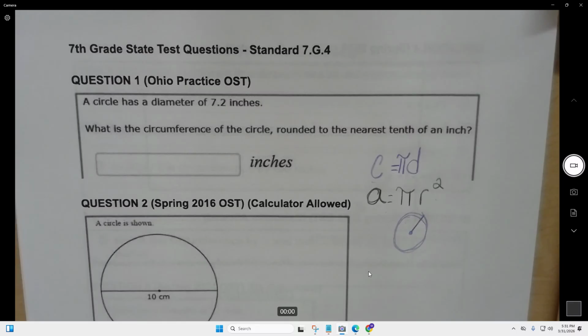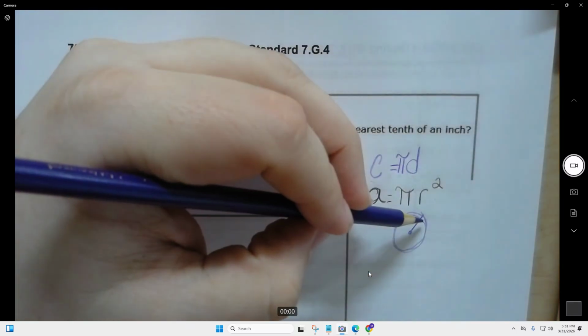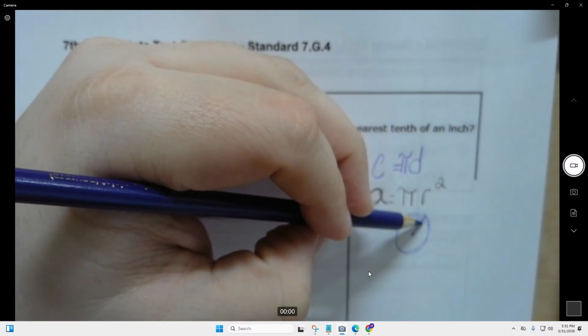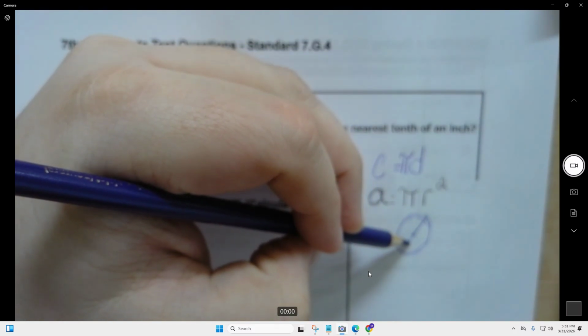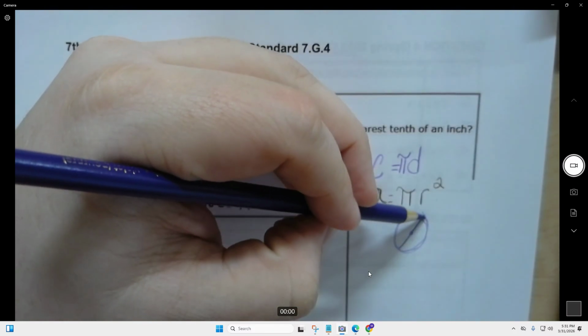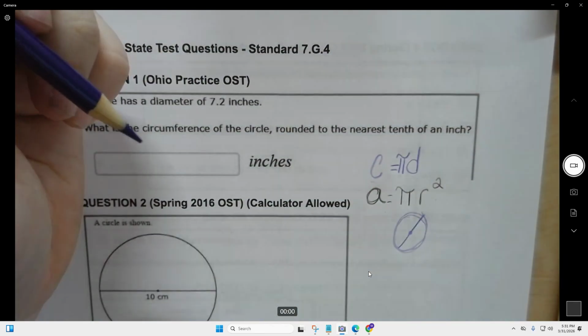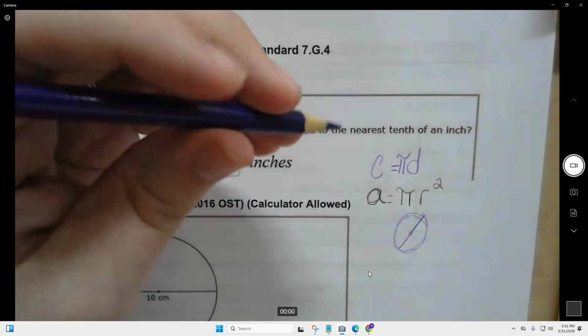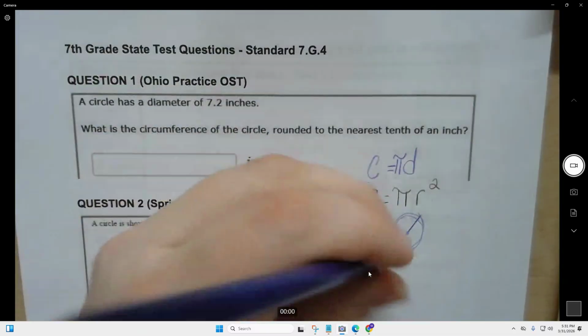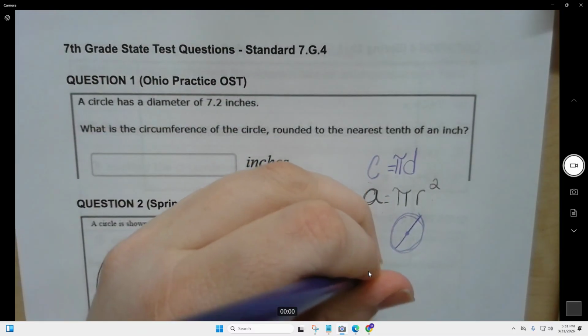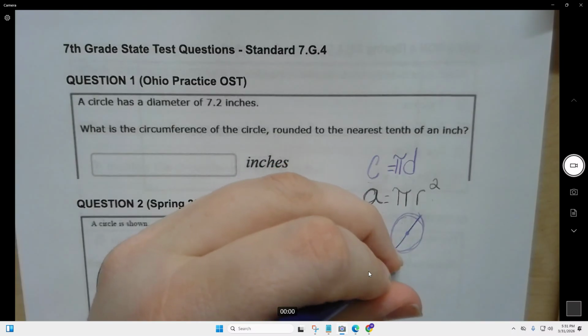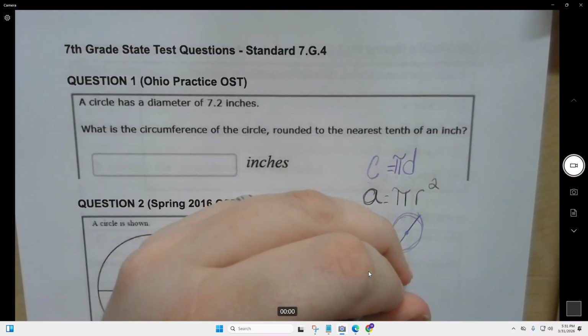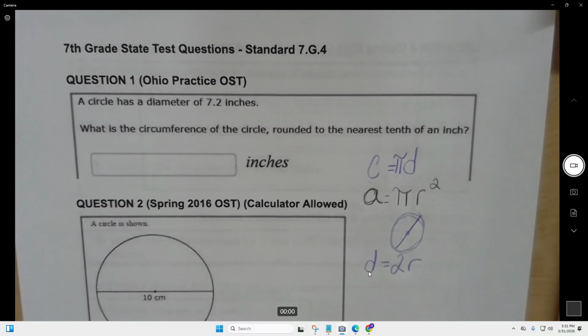The diameter represents the distance of a straight line from one edge of the circle to the other that passes through the middle. So the diameter is equal to 2 times the radius. You take 2 radii, you put them together, that's your diameter.